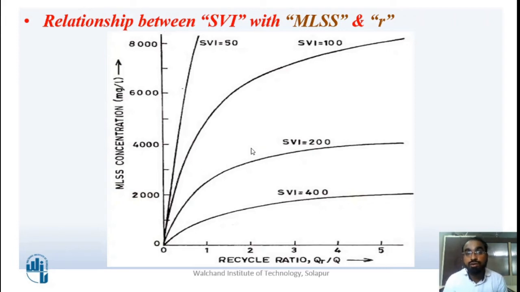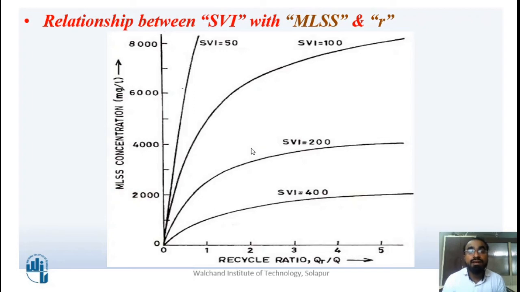If the MLSS concentration is increasing, what does it mean? The concentration of microorganisms in the biological reactor is increasing, so I have to decrease the SVI value. What does it mean? I have to decrease the return flow rate of sludge, because such a high concentration of activated microorganisms is not needed in the biological reactor.